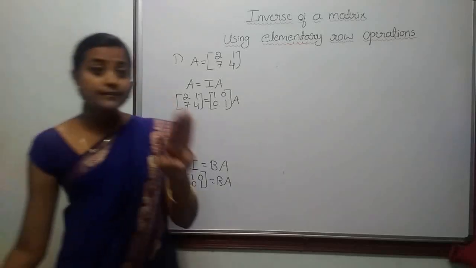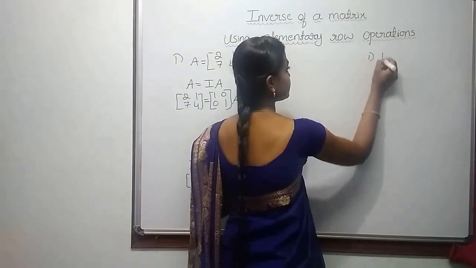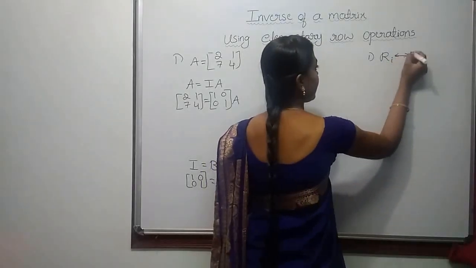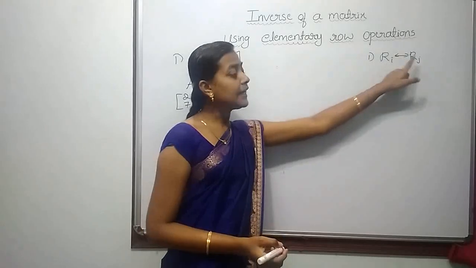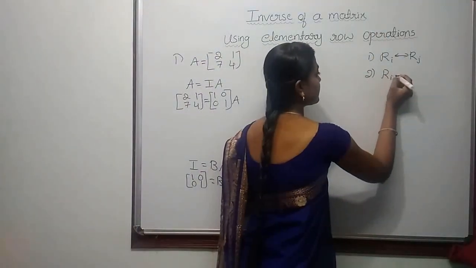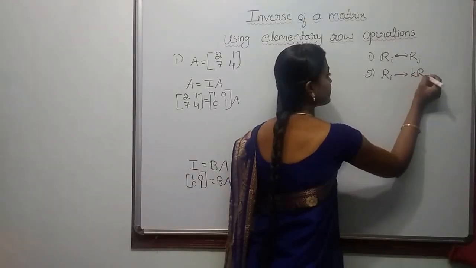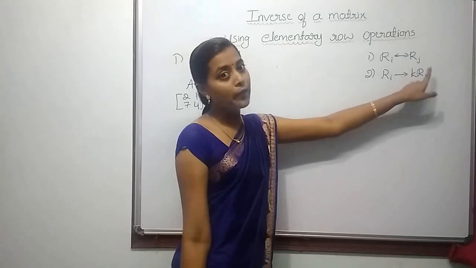We know that there are 3 elementary row operations. First one is interchange of any 2 rows. We can interchange any 2 rows. Second one, we can multiply a non-zero number to any row.